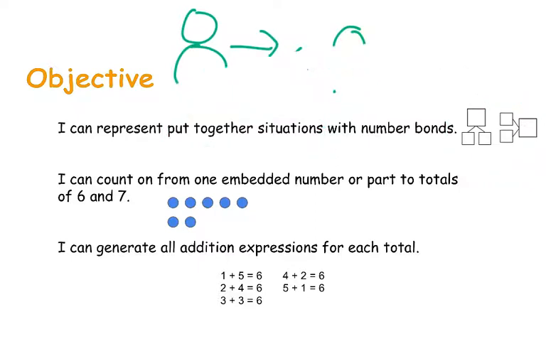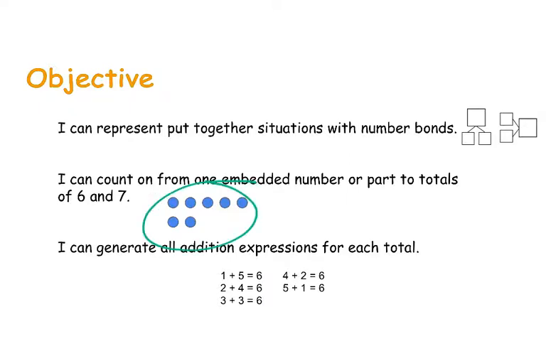Our next objective says I can count on from one embedded number or part to totals of 6 and 7. So what that means is we can make 6 and 7 by adding. For an example, we'll look at this group right here. I'm going to make it into two parts. I see a group of 5 here at the top: 1, 2, 3, 4, 5.